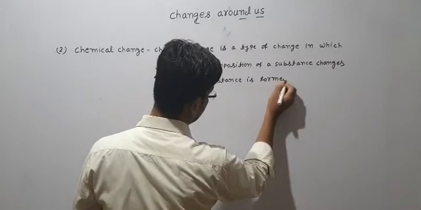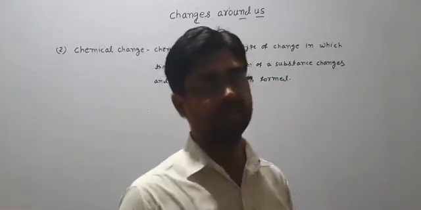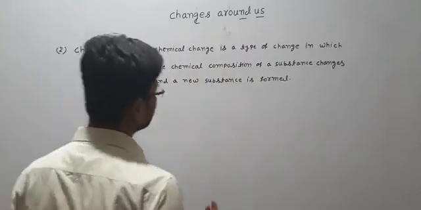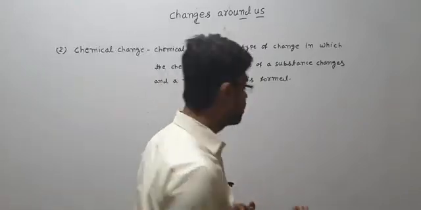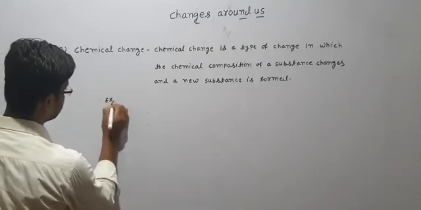Okay, so you see, in this chemical change a new substance is formed. Chemically they just change. So chemical composition changes, that's why a new substance is formed. When I give some examples, you will understand very easily.